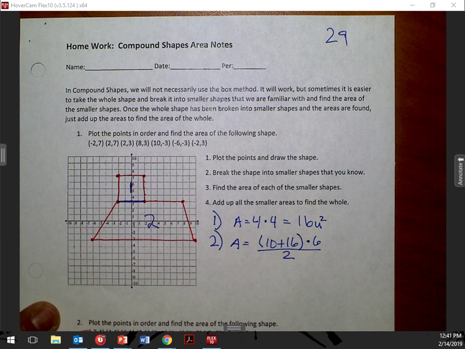Okay, do the math, please. Please do the math.